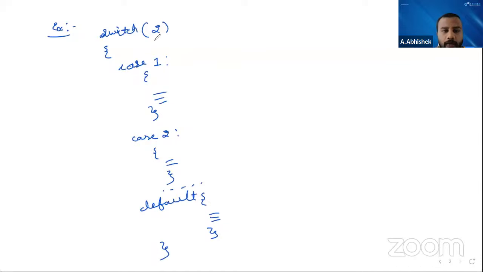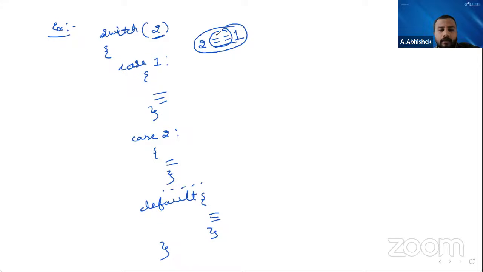Here what happens is, whatever value we are passing, it will check whether that value, which is 2, is equal to 1 or not. It will do a comparison here. What kind of operator is this? Guys, do you remember this operator, double equals?